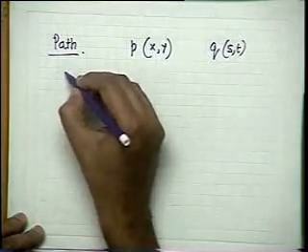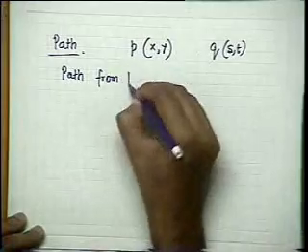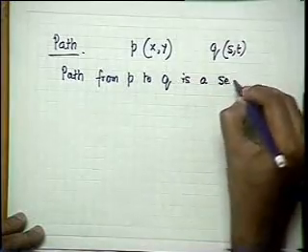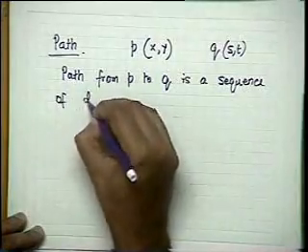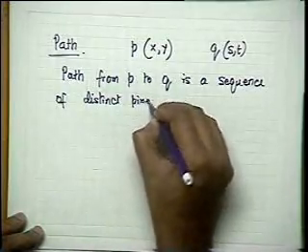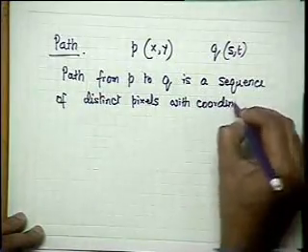Now, the path from the pixel P to the pixel Q is defined as a sequence of distinct pixels with coordinates.